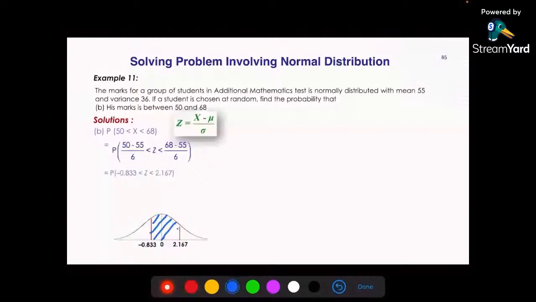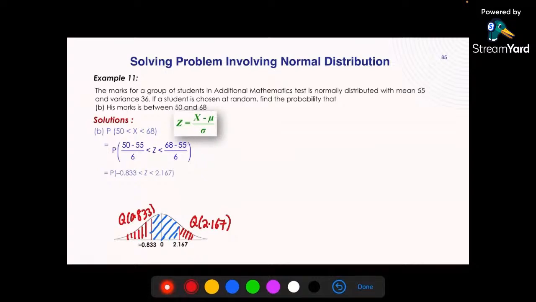So this is Q. Yang ini adalah Q 0.833. This is Q 0.833. Okay, this one adalah Q 2.167. Okay, kita tolak saja 1 minus that one. And then we have, remember, but you have to take a look at this table kan.